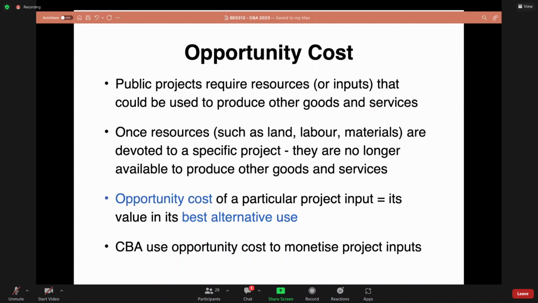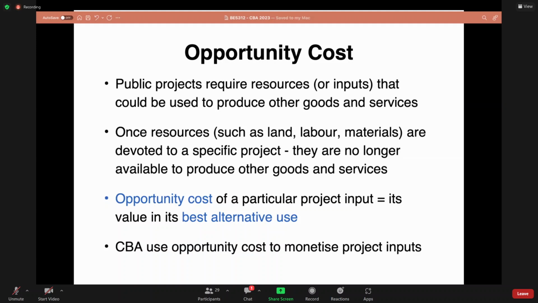Basically, if we use some resource like land, labor, or material and devote it to a specific project, that means those resources will no longer be available to use in other projects, or to produce any other good or service.